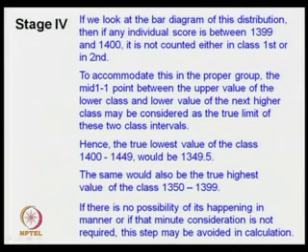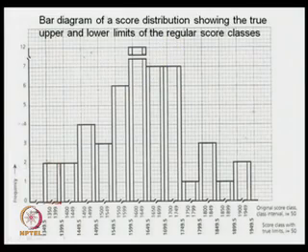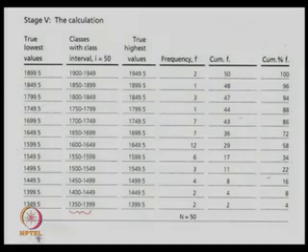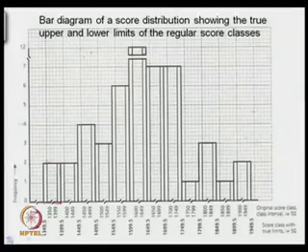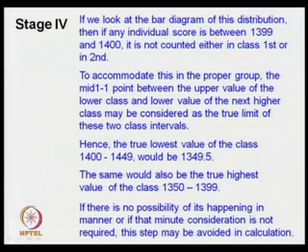Hence, the true lowest value of the second class 1400 to 1449 would be 1399.5 like this. The same value would also be the true highest value of the previous class.